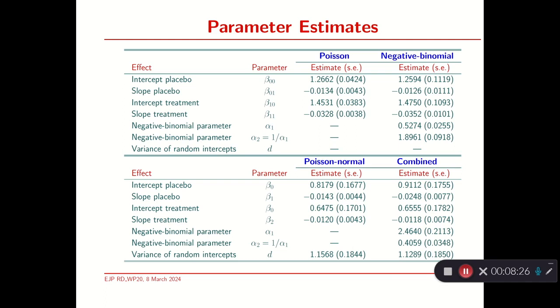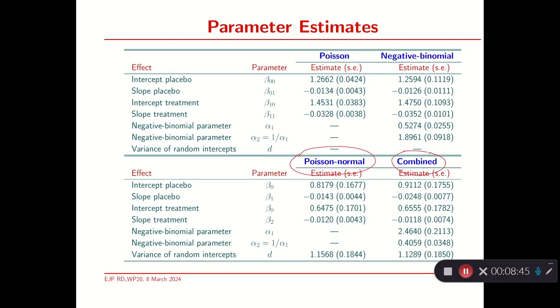The negative binomial does allow for some over-dispersion, but still not for correlation. The Poisson normal model is already a bit better because it allows for correlation and over-dispersion, but in our case, both should then be strong or both should be weak, and that may not be the case.